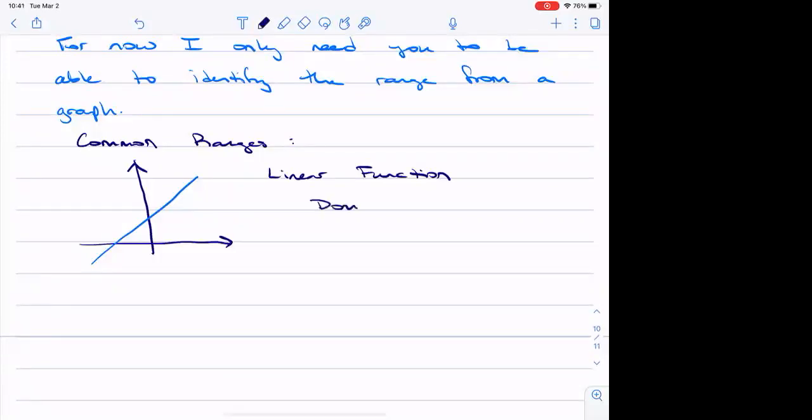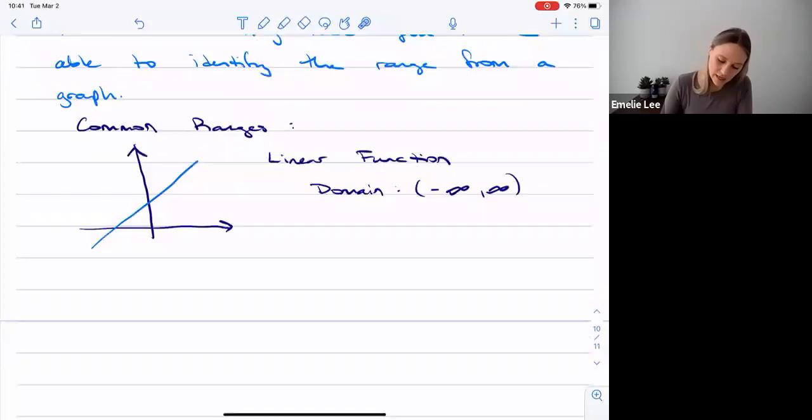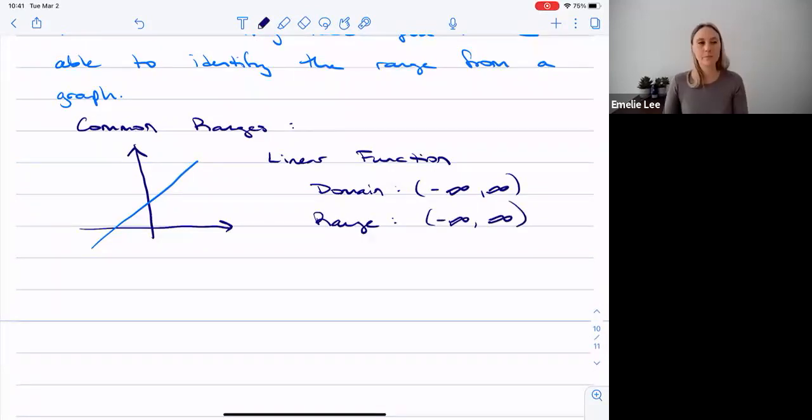The domain is from negative infinity to positive infinity, since I can put any value of x into the linear function and get an output. The outputs also go from negative infinity to positive infinity, so the range is also negative infinity to positive infinity.